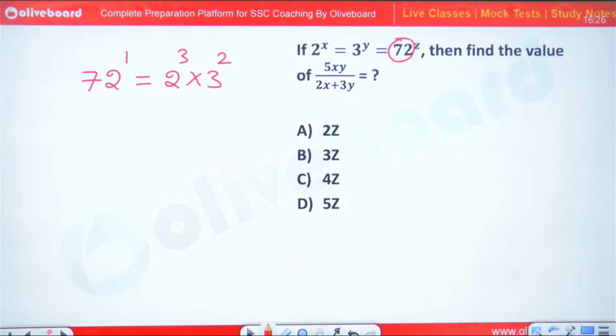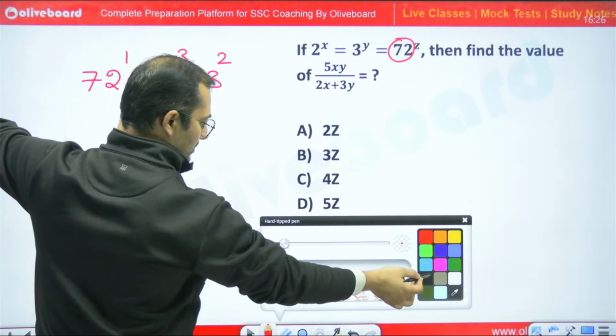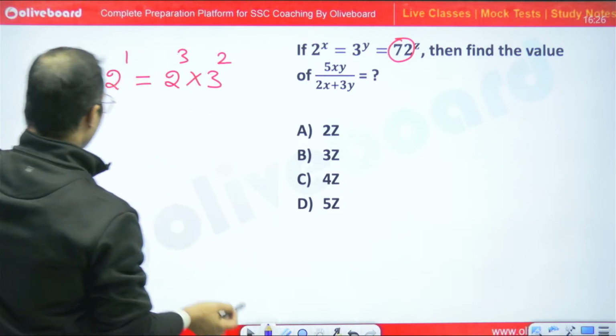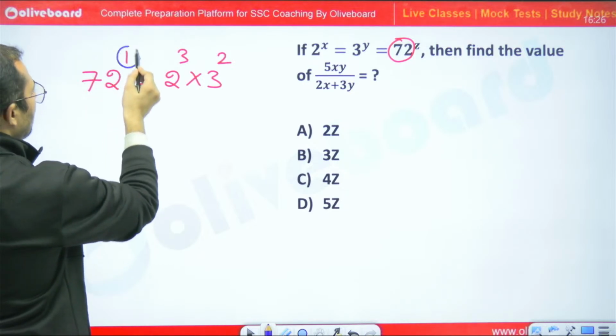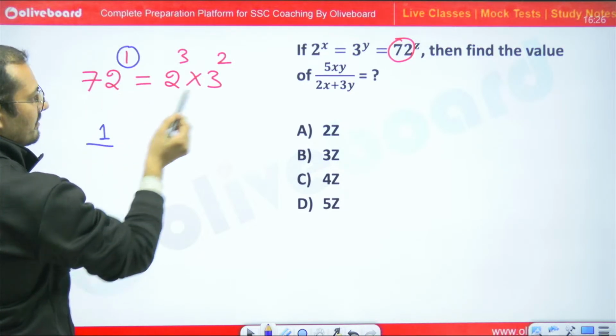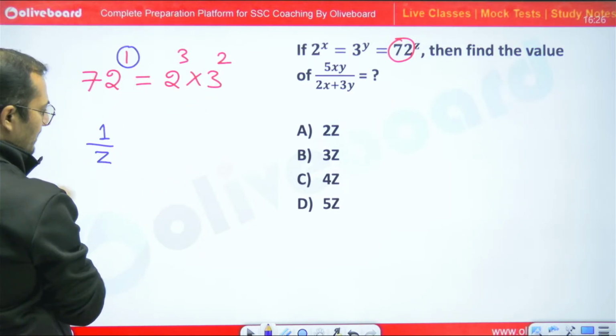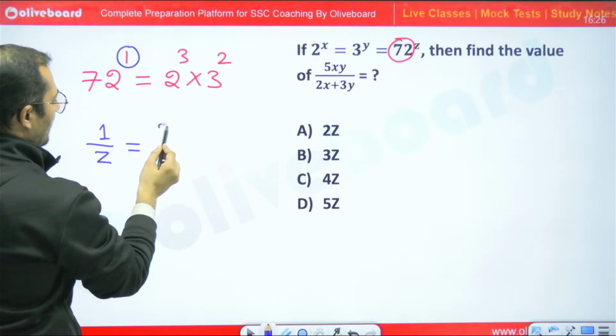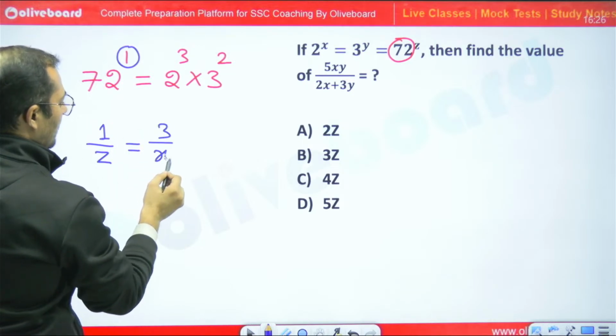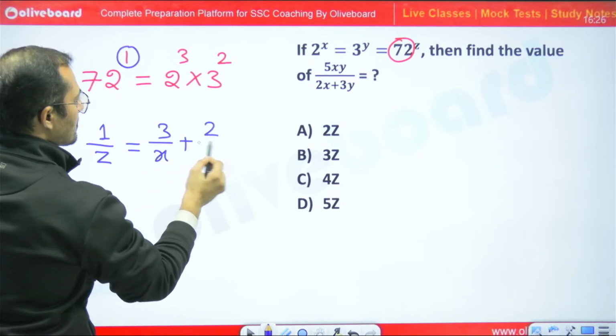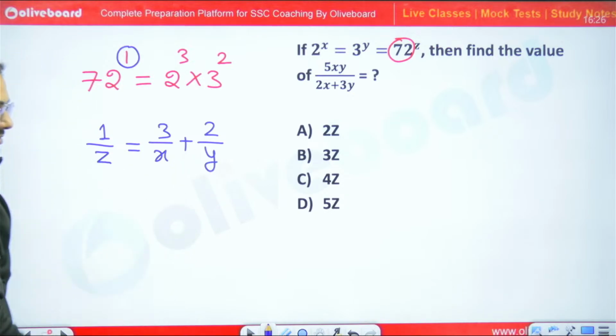Now compare. So we will get 72 to the power 1, with variable 72 to the power z. So z will come in the denominator, and 1 upon z would be equal to 3 by x plus 2 by y. No problem. So just solve it.